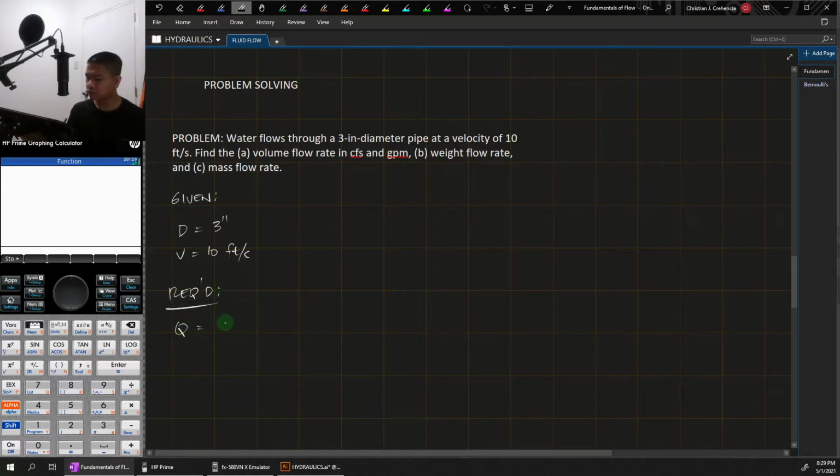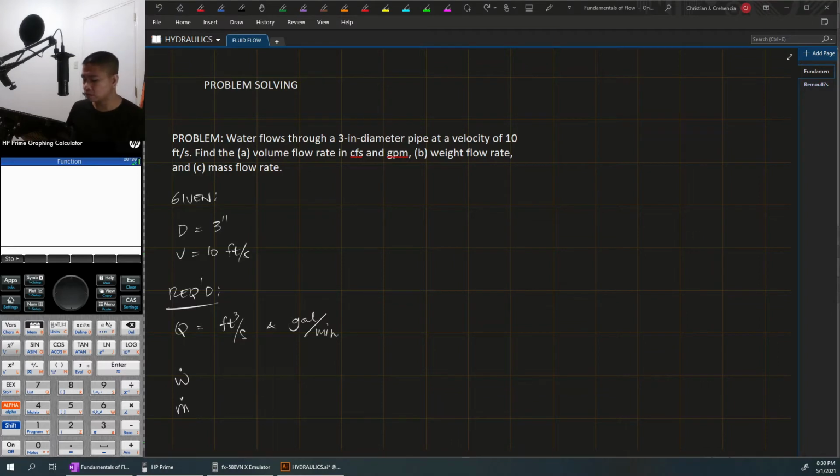So discharge Q in cubic feet per second. Okay. And gallons per minute. Okay. And for letter B, weight flow rate, and letter C, mass flow rate.